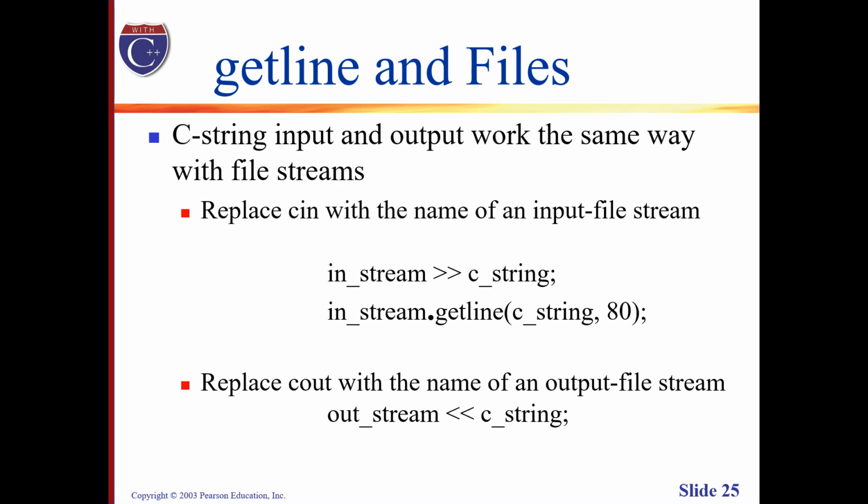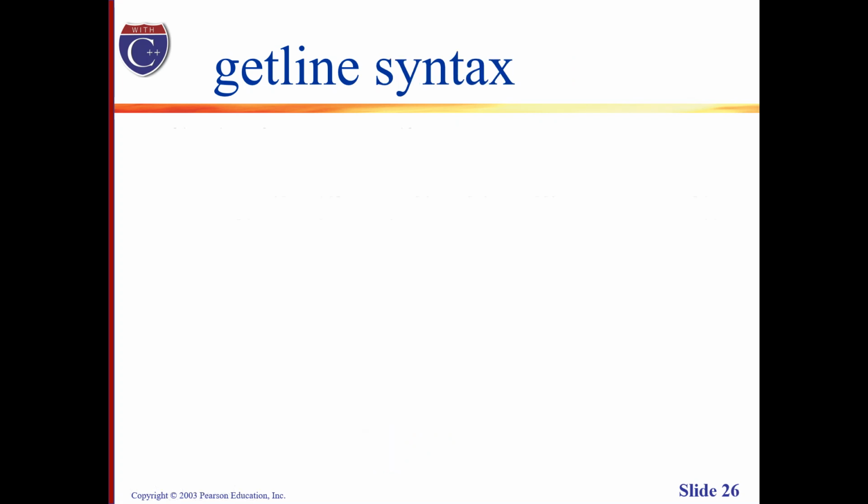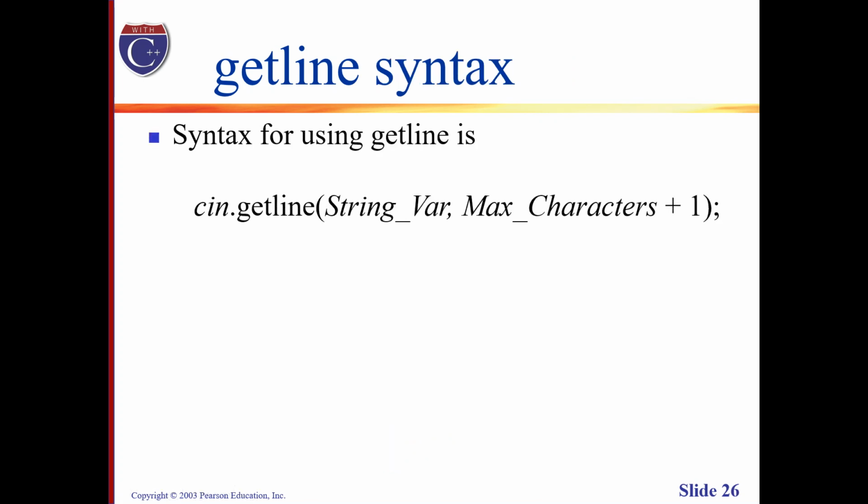To do that, we can implement using cout with the name of an output file stream, such as this one. And of course, from what we have seen in the previous examples, they all follow the standard syntax for getline, such as this one.